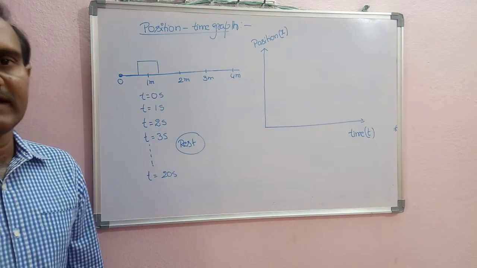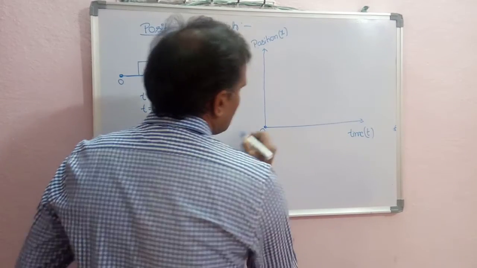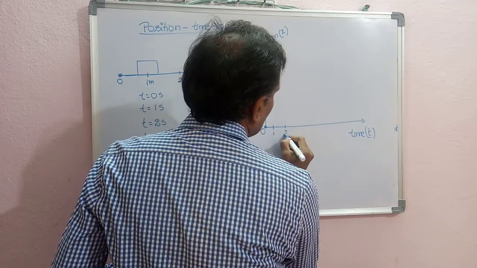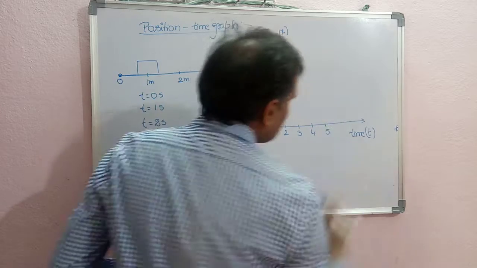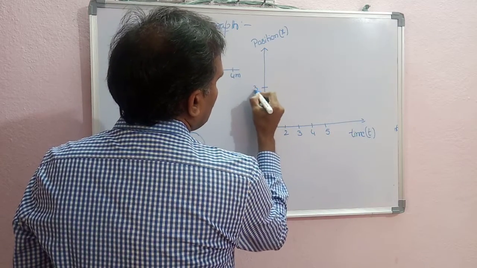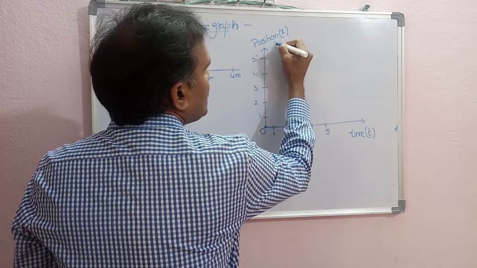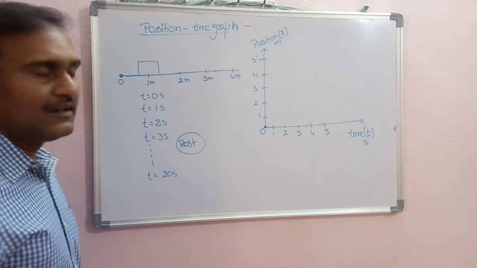This is the origin of the two-dimensional coordinate system. 1, 2, 3, 4, 5, like that. Here also 1, 2, 3, 4, 5. Position is in terms of meter, time is in terms of second.